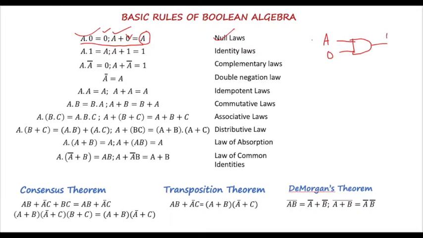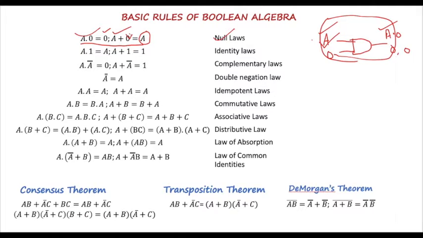So this gives the output A dot 0. Now you can see if A equals 0, then the output will be 0. If A equals 1, then also the output will be 0. So the output will always be 0.